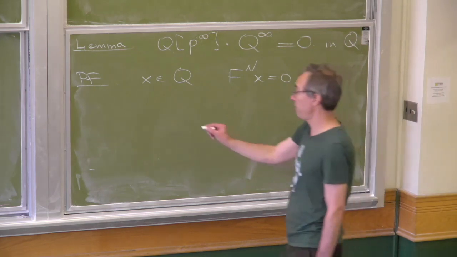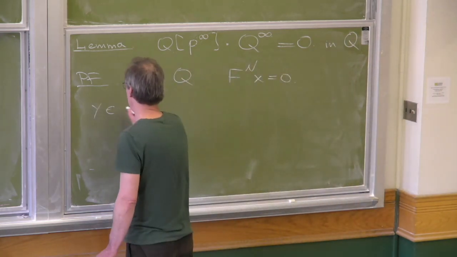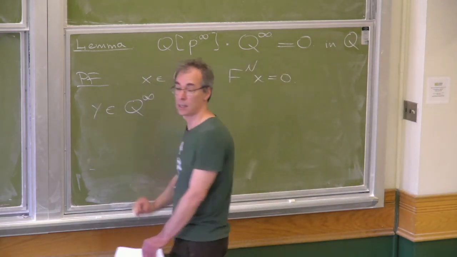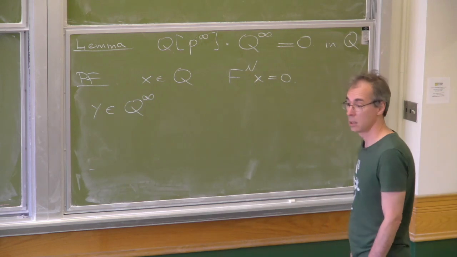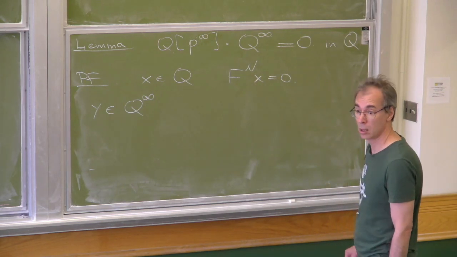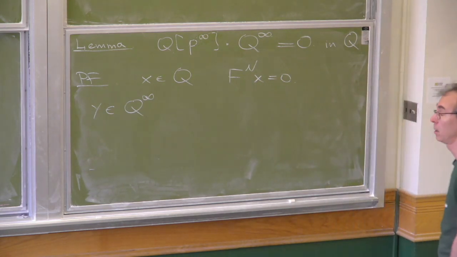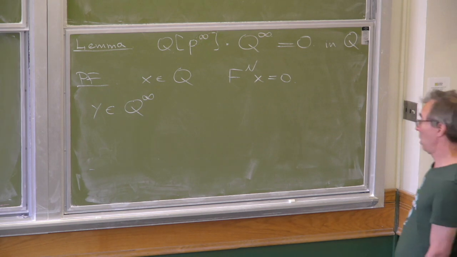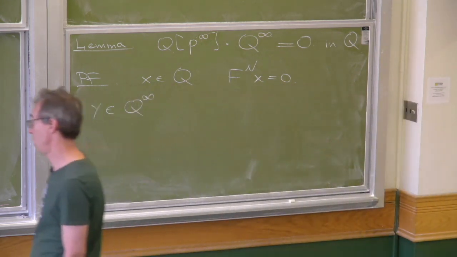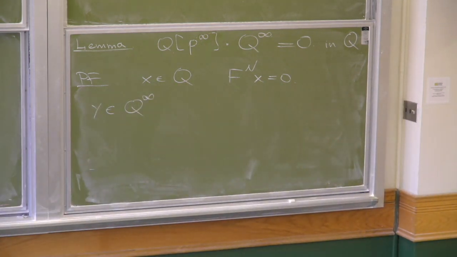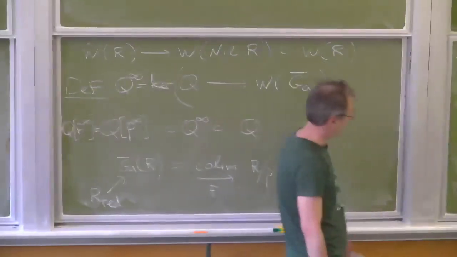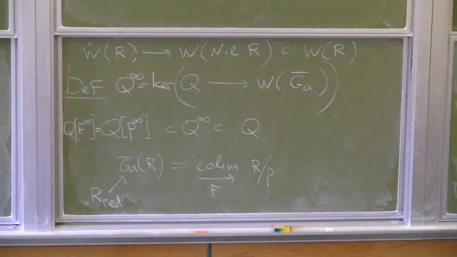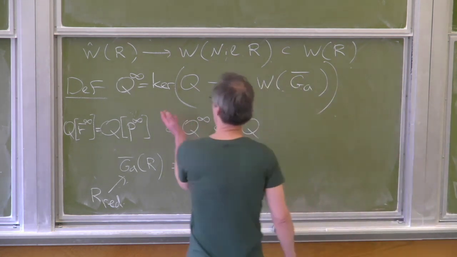And suppose I have y in Q infinity. What does it mean that my argument is in Q infinity?